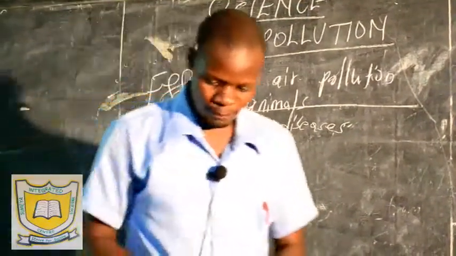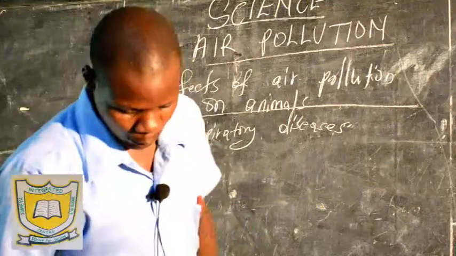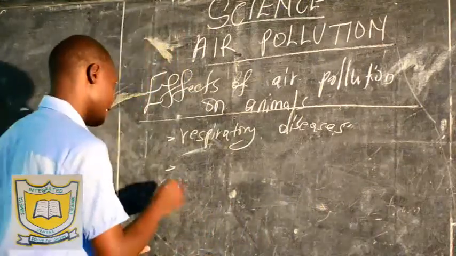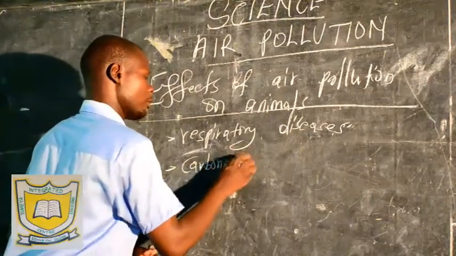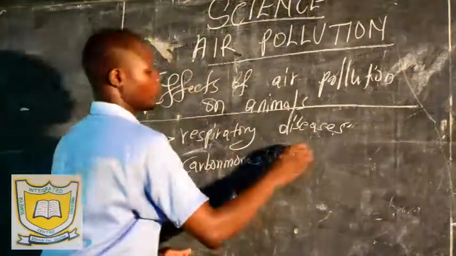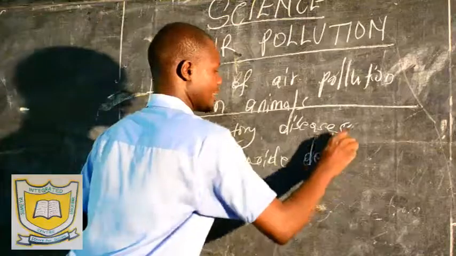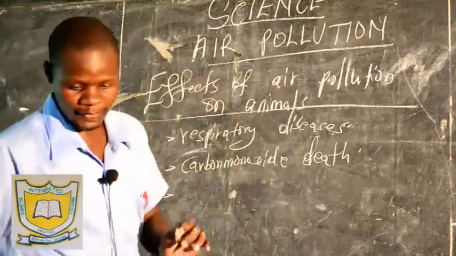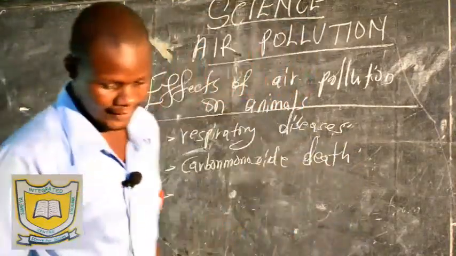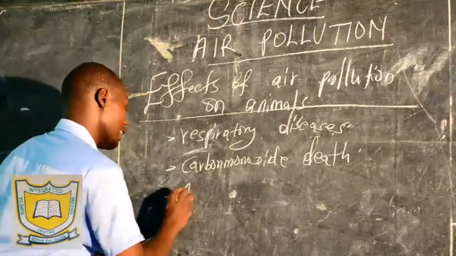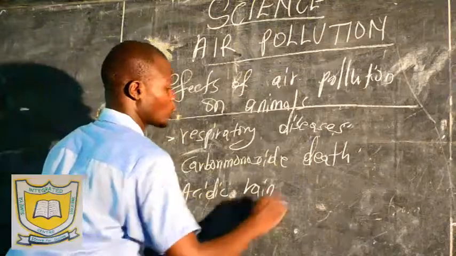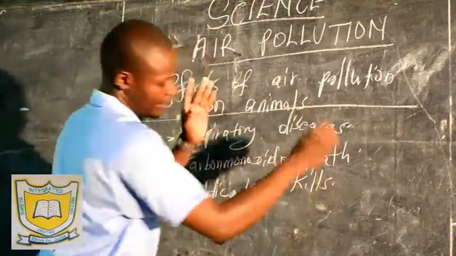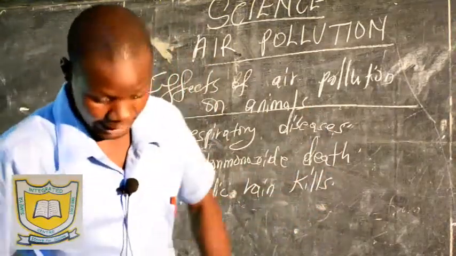Number 2, carbon monoxide causes death. Number 3, acidic rain also kills. I will have to discuss how acidic rain will kill animals.